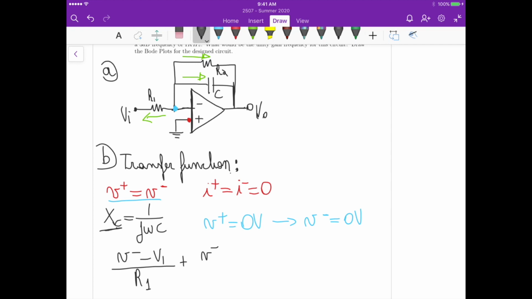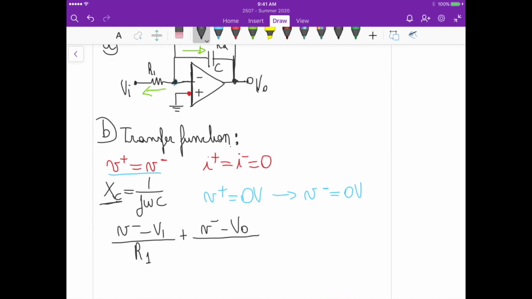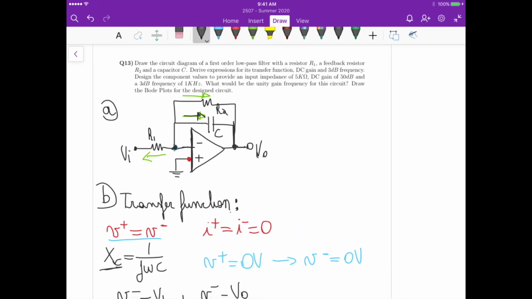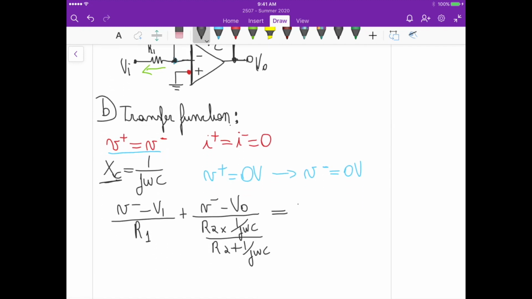So if we take V minus, which is the potential here, minus V naught or V out, that's the potential there, and divide by the parallel combination of the resistor and the capacitor, which means R2 times 1 over j omega C, and then this entire thing divided by R2 plus 1 over j omega C. That's the second current, or the sum of these two currents here, right? And that should be equal to 0.